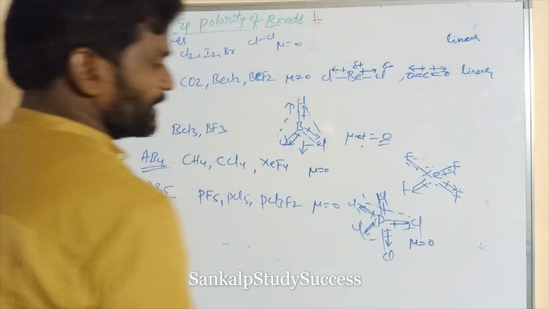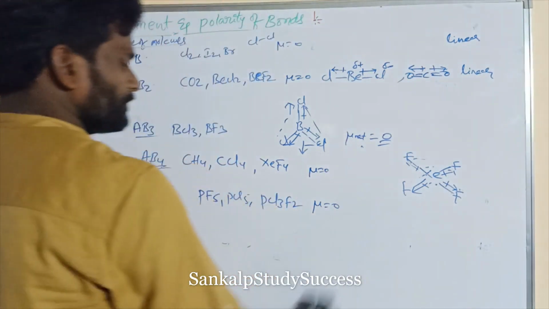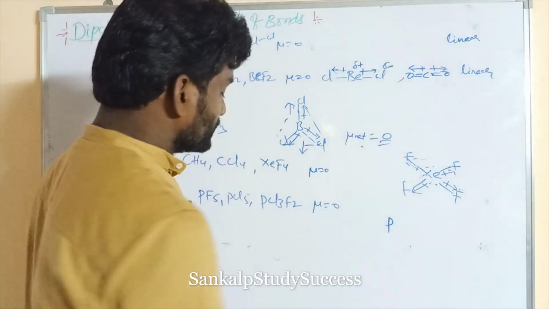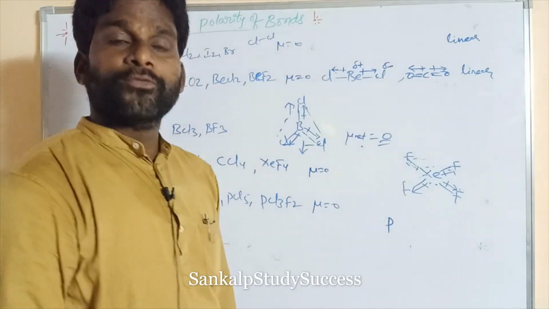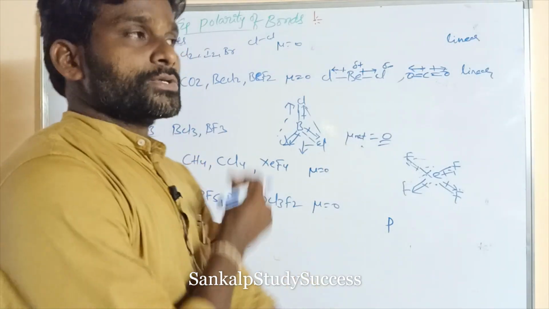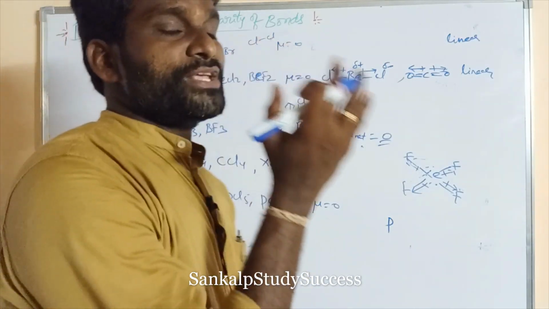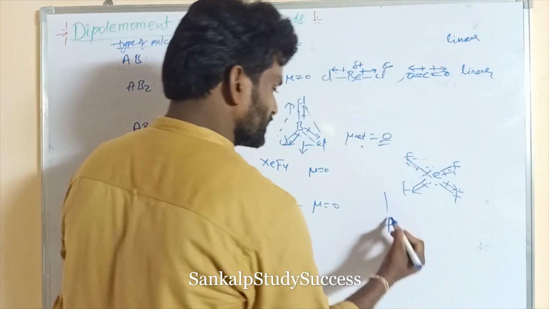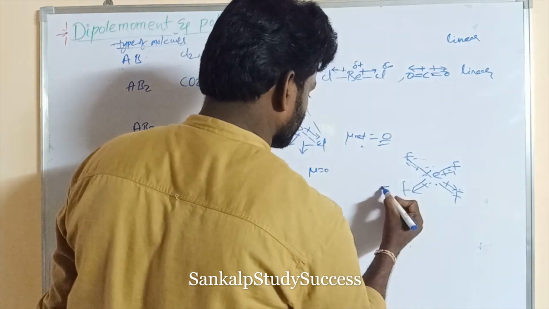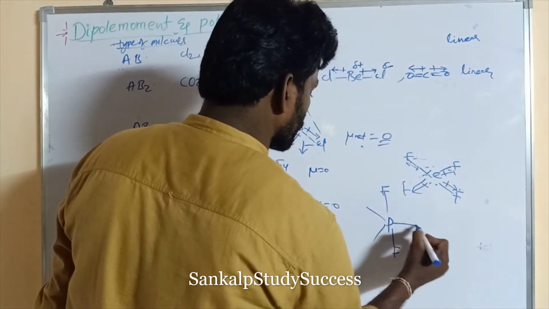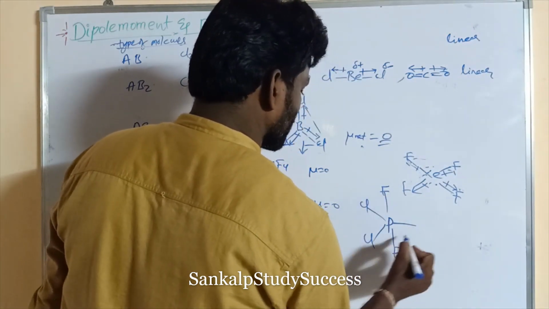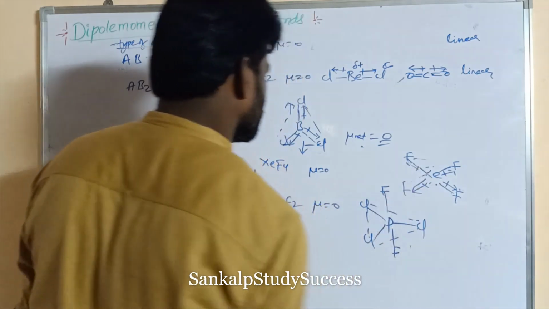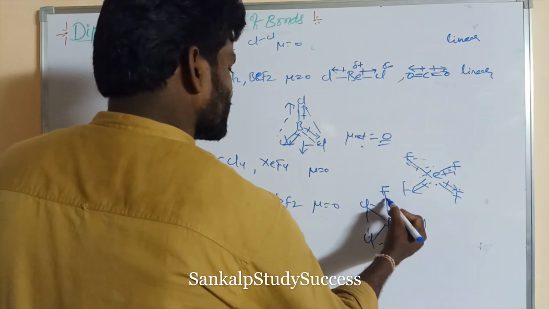Now goes to another one, like PCl3F2. P is the central atom. This has Cl and F; fluorine is more electronegative. So the more electronegative atom always occupies the axial position. This is the axial position. And the remaining 3 chlorine atoms occupy the trigonal planar positions. So these two are cancelled.